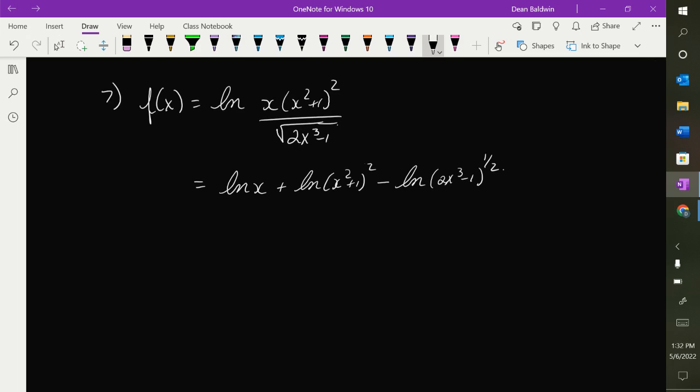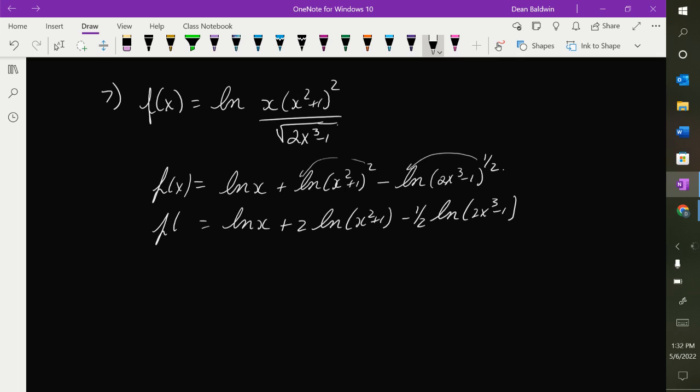Then I use our log rules to drop down the exponents. So I get the natural log of x plus 2 natural log of x squared plus 1 minus 1/2 natural log of 2x cubed minus 1. And now you can do the derivative. This is all equal to f of x. I'm just rewriting it using our log rules.